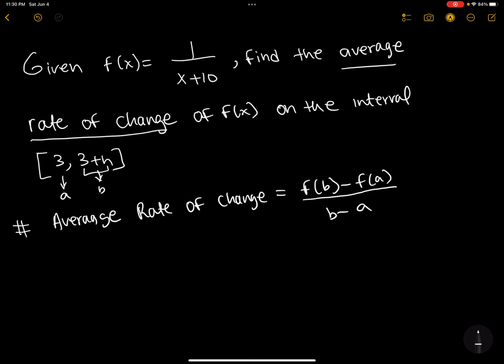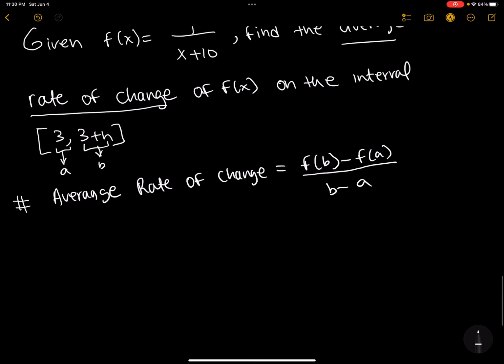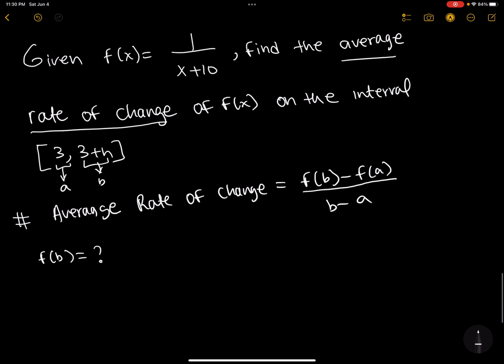So now we need to figure out what f of B is first. f of B in this case is 3 plus h, so we'll replace f of B with f of 3 plus h. And what is f of A? Well, f of A in this case is 3, so we'll replace f of A with just 3.